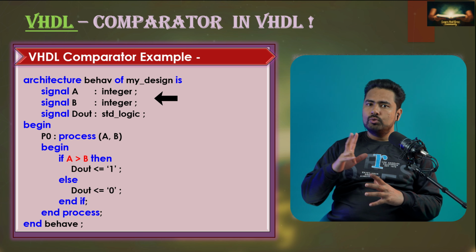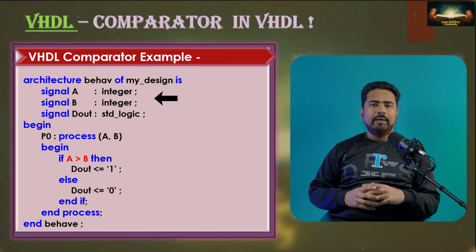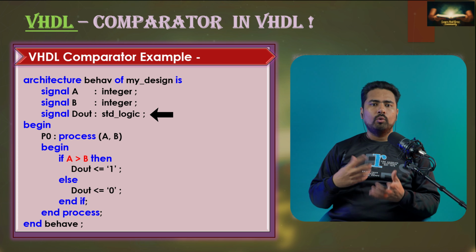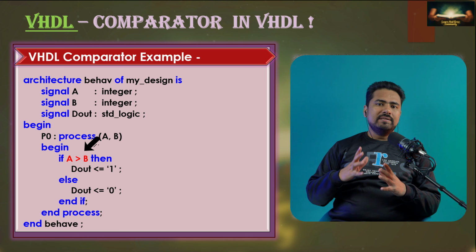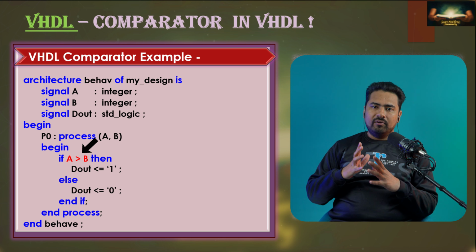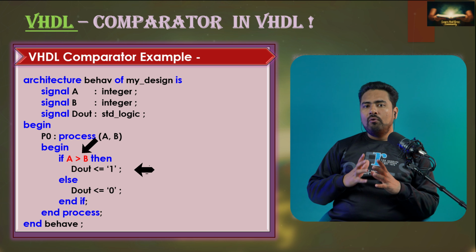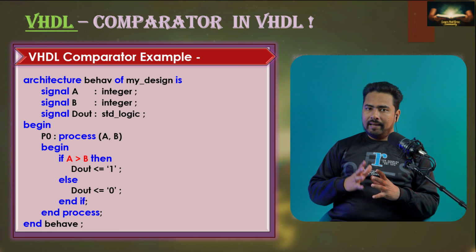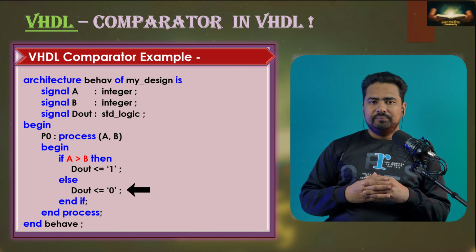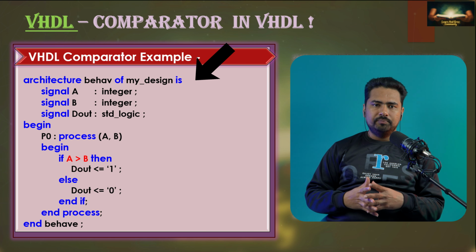This module has two signals, signal A and signal B, and one signal D out for output. We will compare signal A and signal B, and if A is greater than B, we will get 1 at the output, else we will get 0 at the output. So this is our VHDL code.